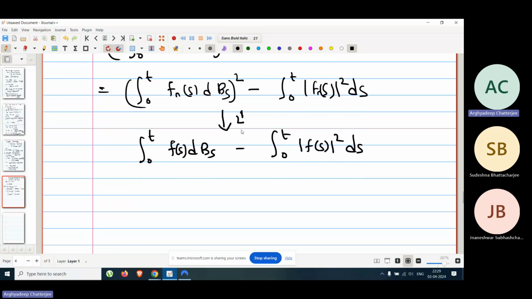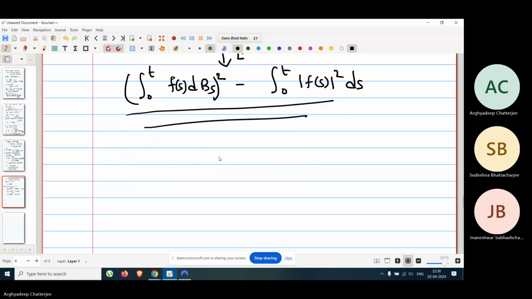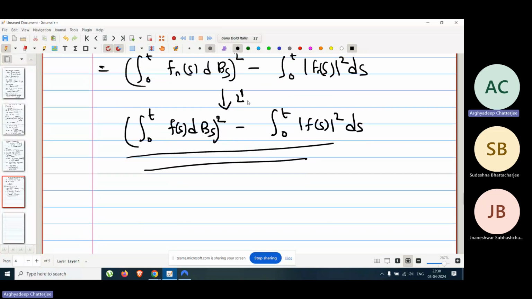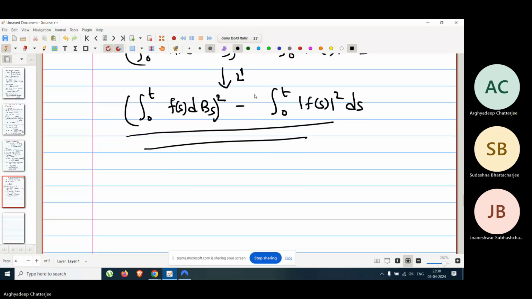Since L1 convergence would preserve the martingale property, this process will also be a martingale for f. And since L1 is complete, we just need to show that this is Cauchy in L1 now.